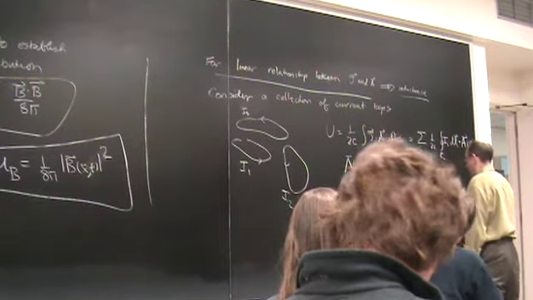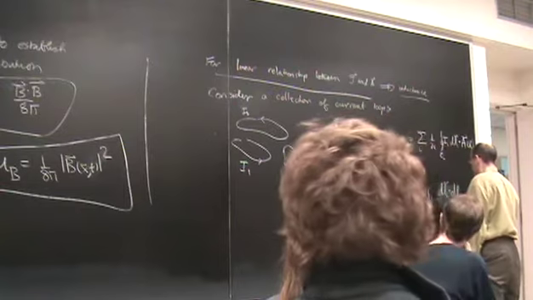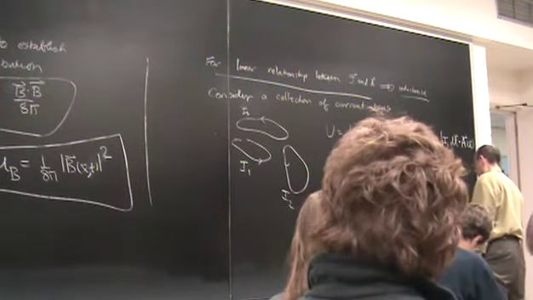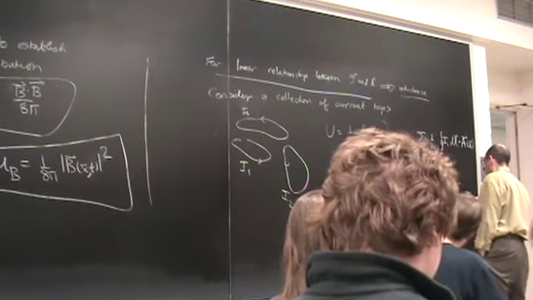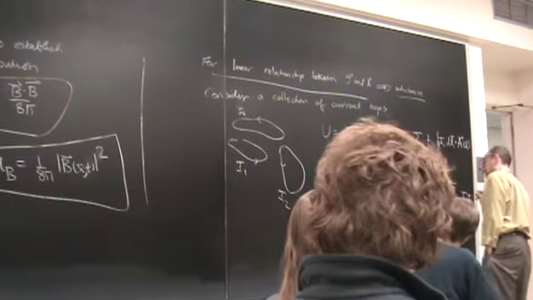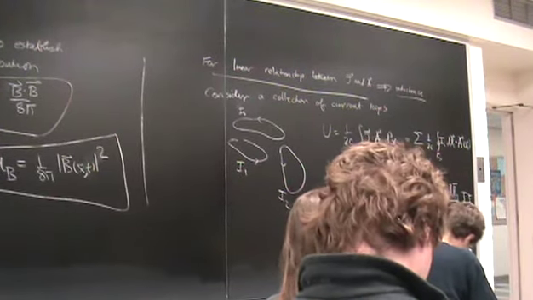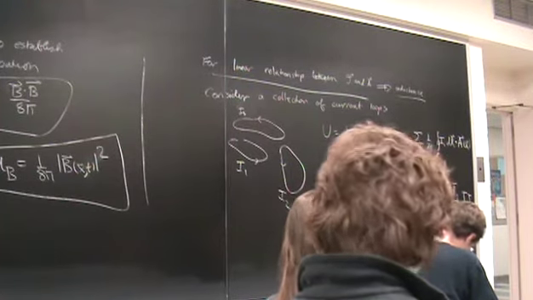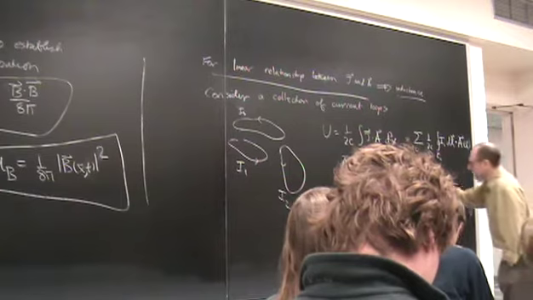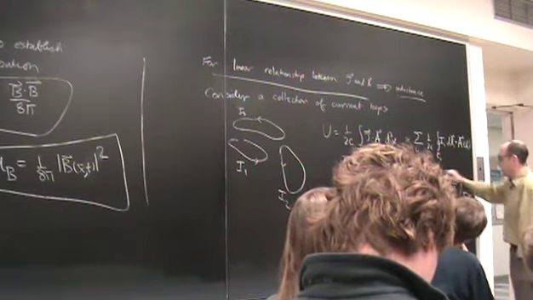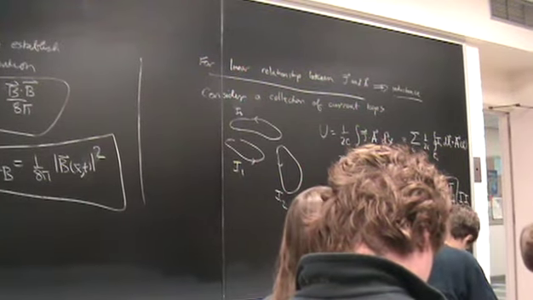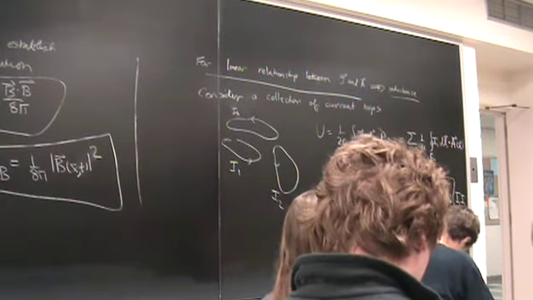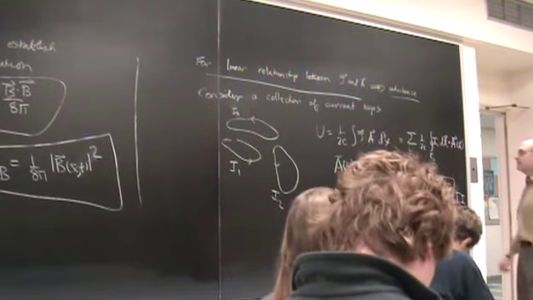dli dot dlj over xi minus xj, current in loop i times current in loop j. And what I see in this expression is that there is a geometrical quantity here that depends on how the loops are oriented relative to one another in space.